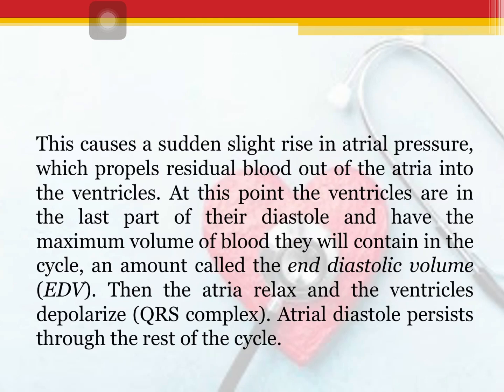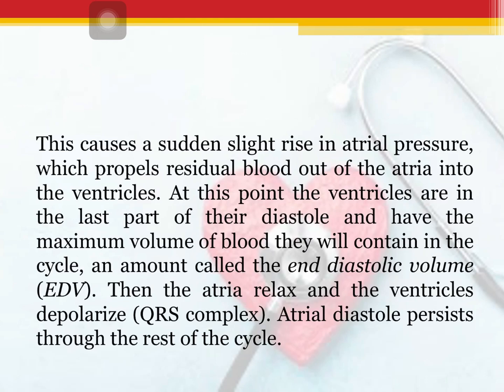But it is only 20% of the blood, because during the relaxed stage of the atria, the blood flows freely to the ventricles because the AV valves are open. So at this point, the ventricles are in the last part of their diastole and have the maximum volume of blood that they will contain in the cycle.